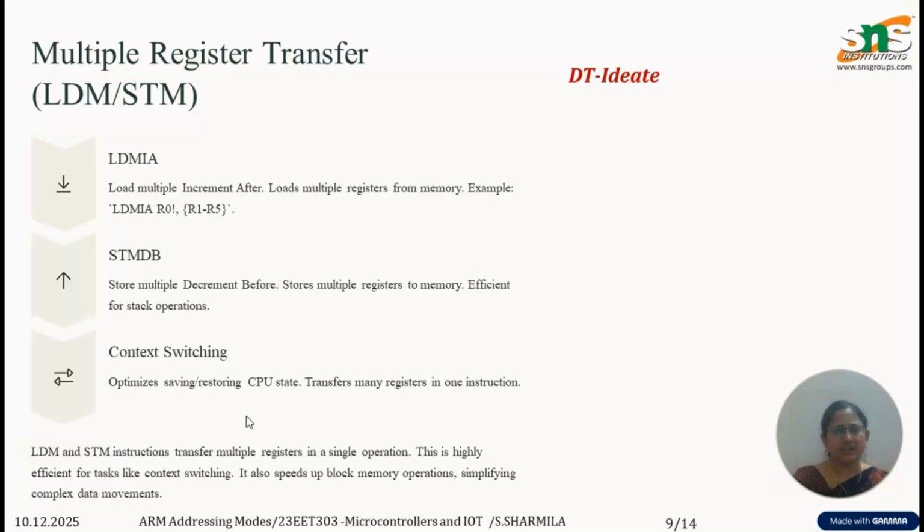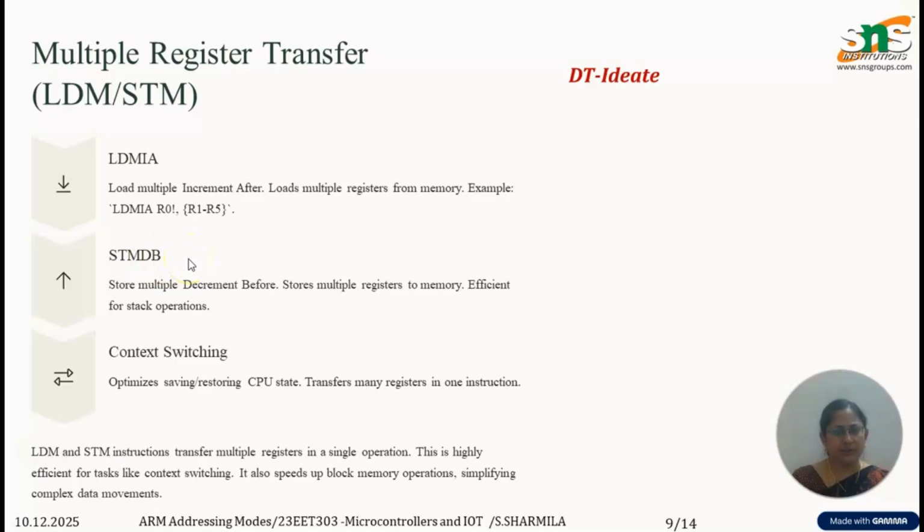Next one is the multiple register transfer, that is LDM and STM. LDMIA is load multiple increment after. Example, LDMIA R0, {R1-R5} loads several registers sequentially. Next one is STMDB, store multiple decrement before.